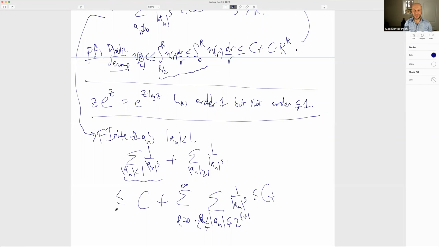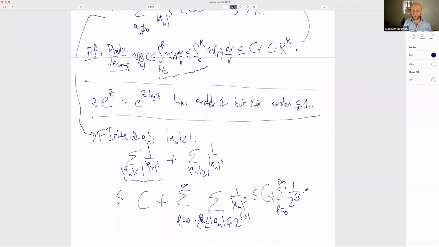And then we have this constant in front, a sum as l goes from 0 to infinity. On each of these sums, an upper bound for this, since a_n is at least 2 to the l, is 2 to the l s, times how many zeros there are in that interval.